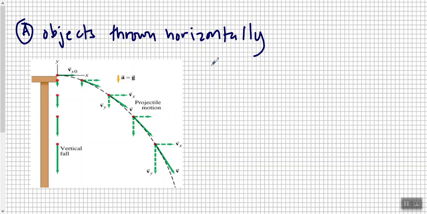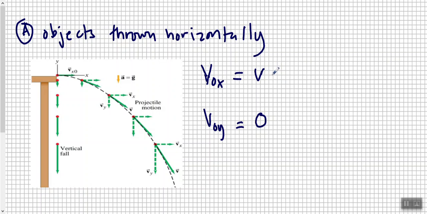So we have the horizontal initial velocity and also the vertical initial velocity. In this first type of projectile motion, the initial vertical velocity is 0.